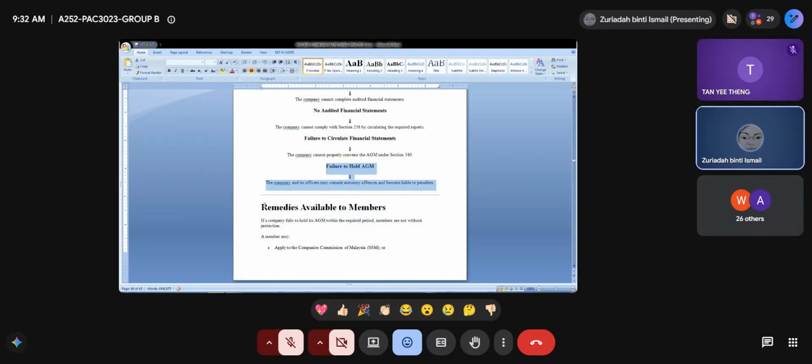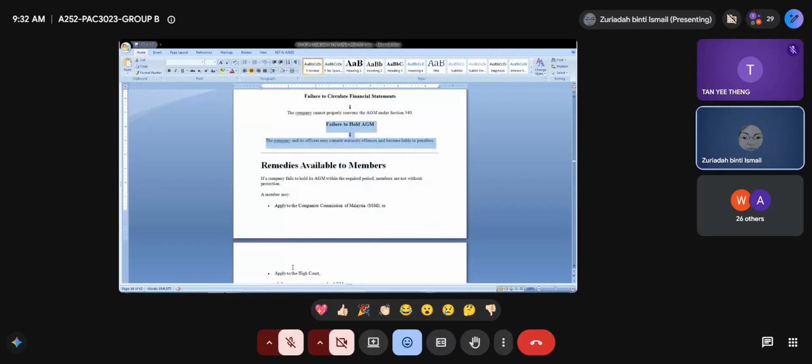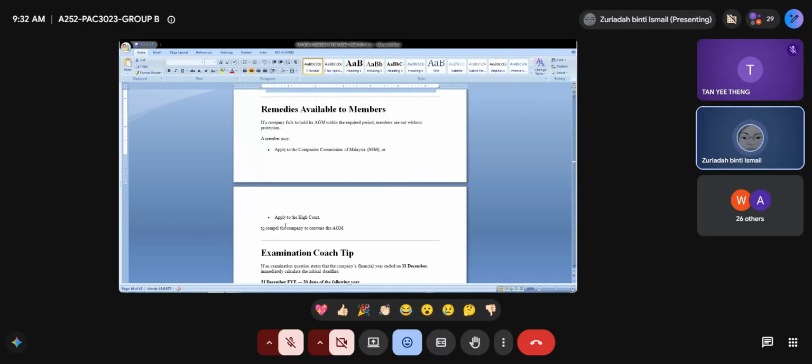So what are the remedies available to the members? If the company fails to hold the AGM, a member has a right to apply to SSM or apply to the High Court. There are two options that can be taken by the member to ensure that the company calls for the AGM.